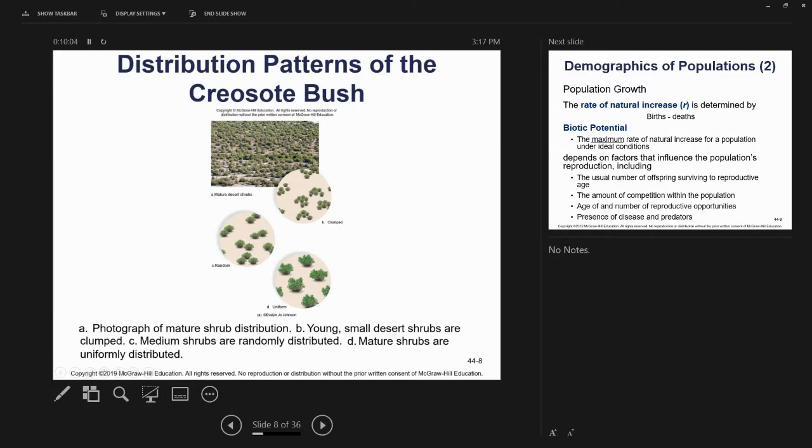Uniform distribution we tend to see when organisms are territorial, and so they guard or protect the space containing all the resources they need. And so they have uniform distribution. Even this is my area and it abuts the neighboring area. And then random distribution is when resources are readily available. Organisms are not necessarily territorial, but resources are everywhere, so the organism can be anywhere.